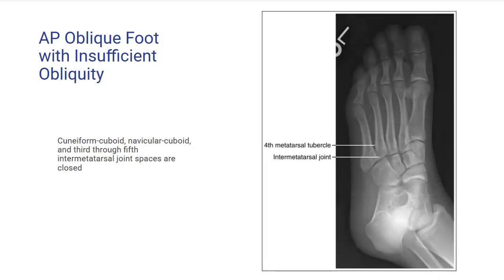The projection will still look almost like an AP projection. To determine if the foot was rotated too little, you really want to check that 4th and 5th metatarsal joint space. If the 4th metatarsal base is superimposed over the 5th, the foot was under-rotated.